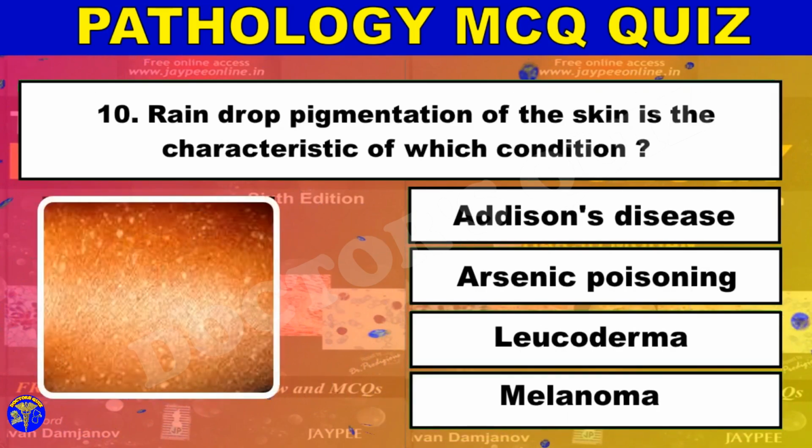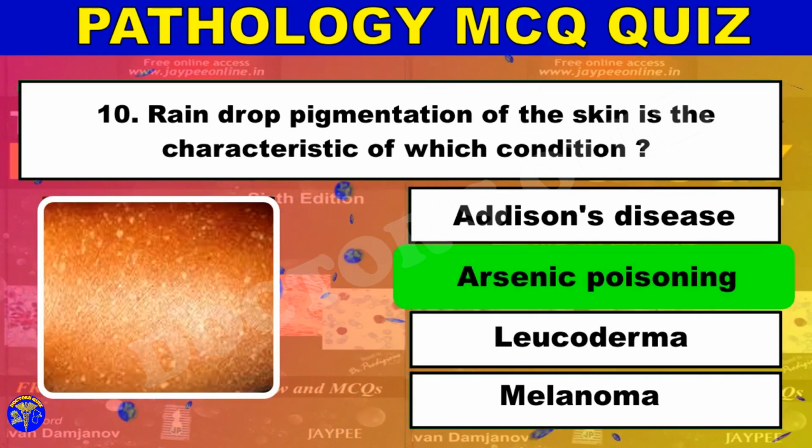Raindrop pigmentation of the skin is a characteristic of which condition? The options are Addison's disease, arsenic poisoning, leukoderma and melanoma. And the right answer is arsenic poisoning.